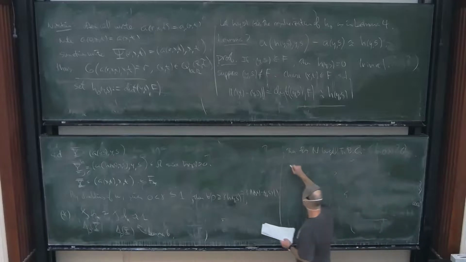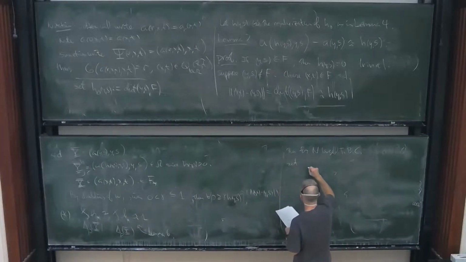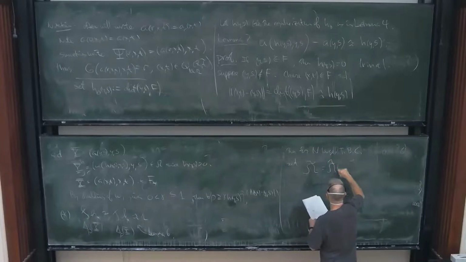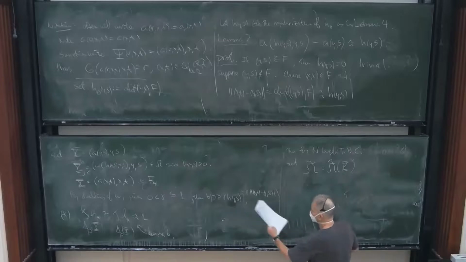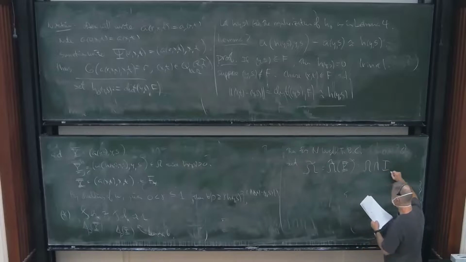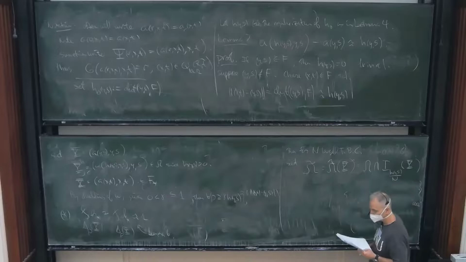Okay? I'm going to set omega tilde to be defined to be, so this is really, I guess you could call it omega tilde centered on this point y here. This is going to be omega intersected with the parabolic box at scale h of (y, s) over N centered at y. Okay?